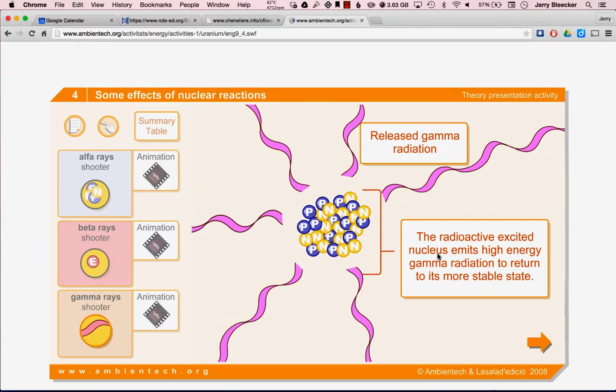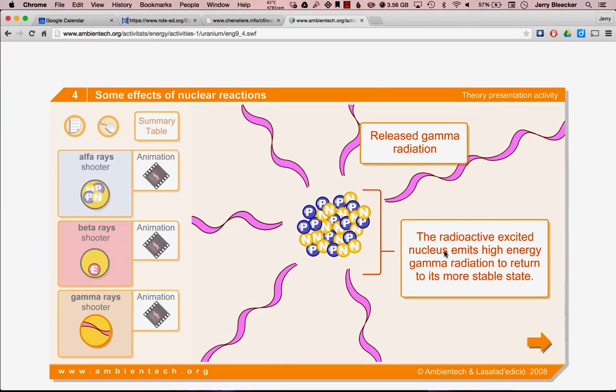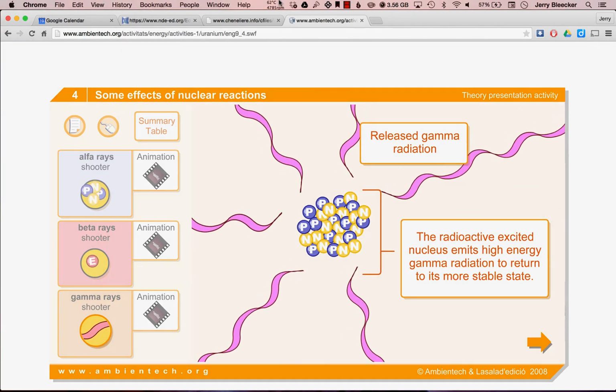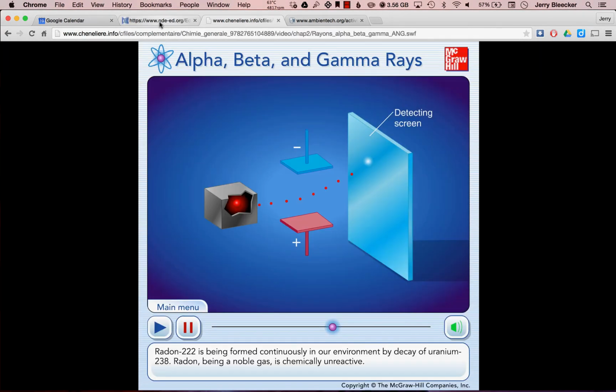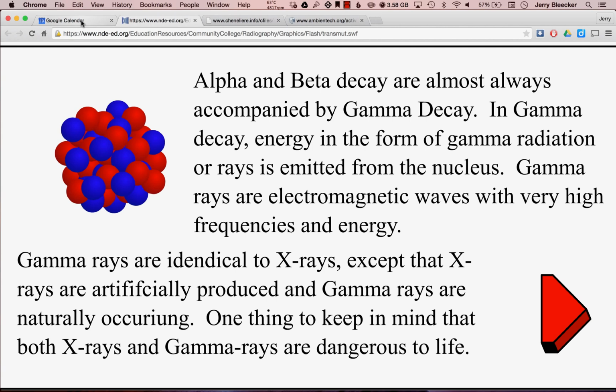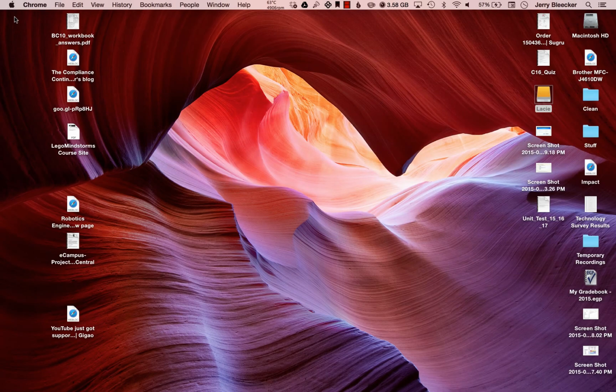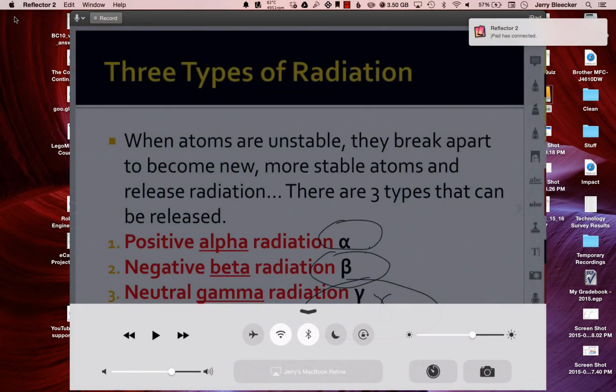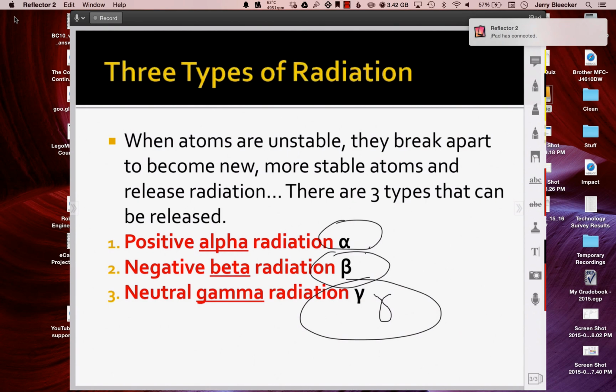And you're getting a lot of gamma radiation released. So I thought it was a good animation, so I thought I'd show it to you. Okay, there we go. So I'll go back to our notes. I'll make sure that we finish those off, and you'll be able to get your section 7.1 finished off.